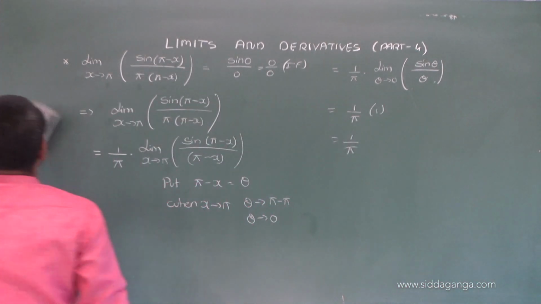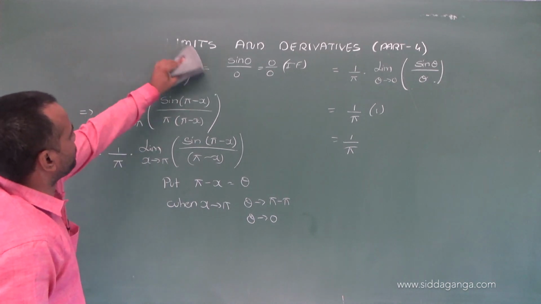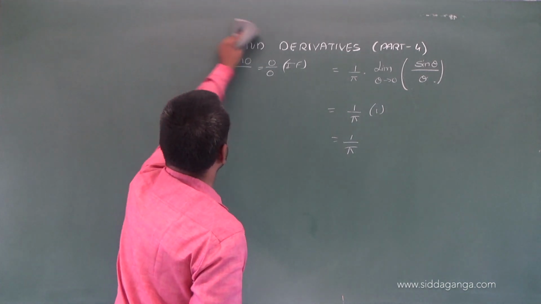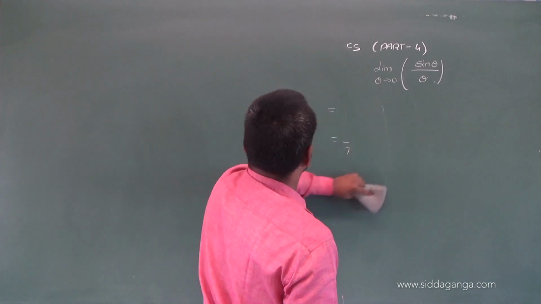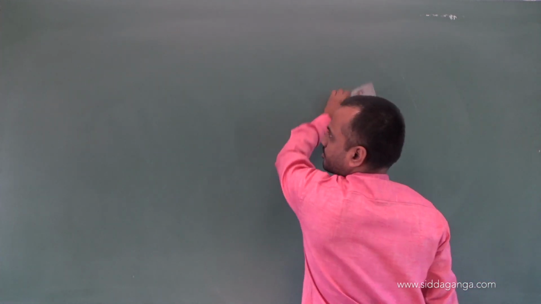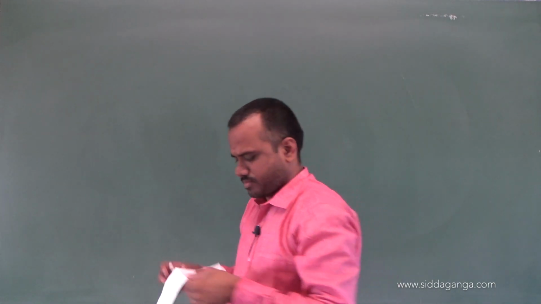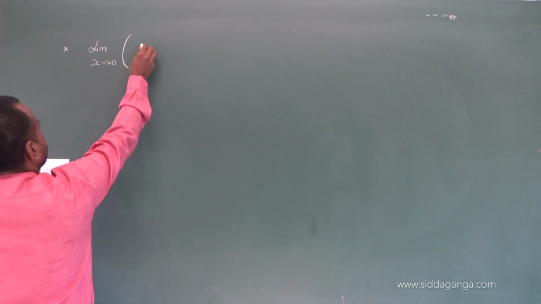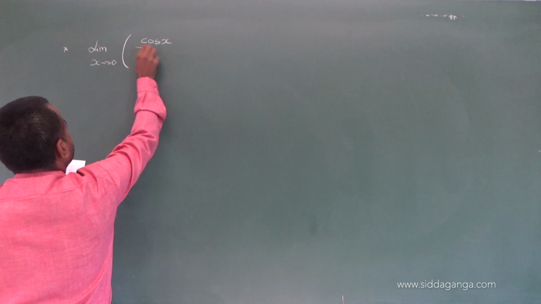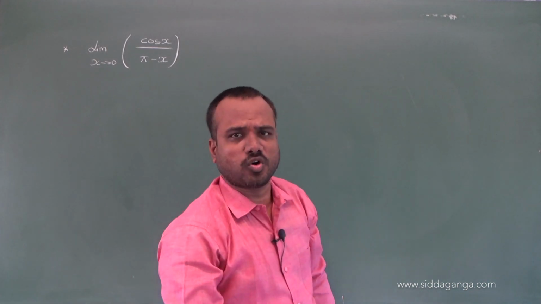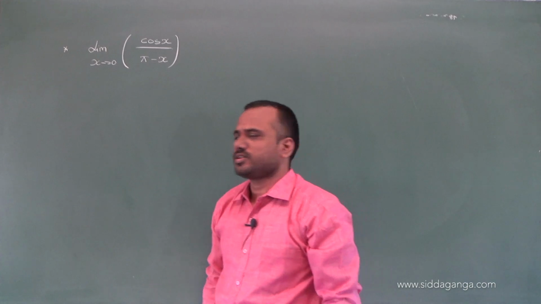Next problem. Limit x tends to 0, cos x divided by pi minus x.